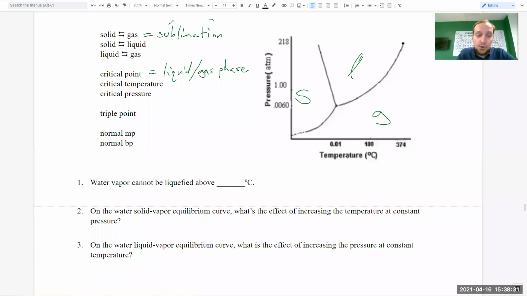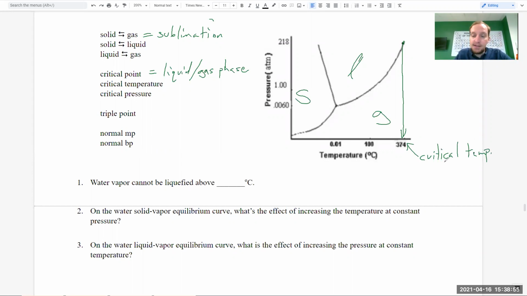Okay, the next thing is the critical temperature. What you want to do is find your critical point, which is right here, and then go straight down. The temperature at which the critical point exists is called your critical temperature, right there. I'm just going to call it temp for short.